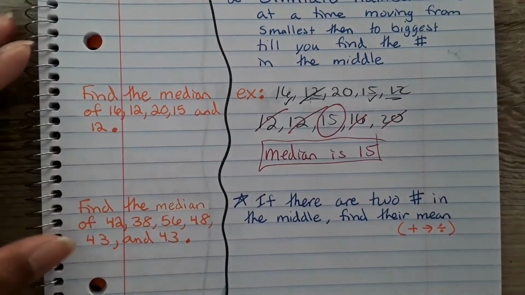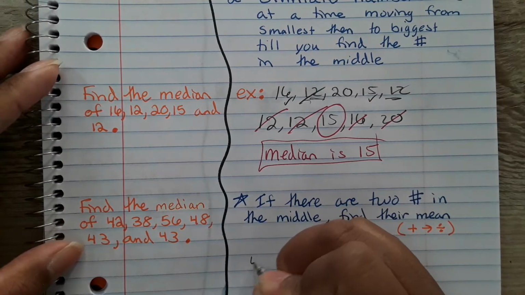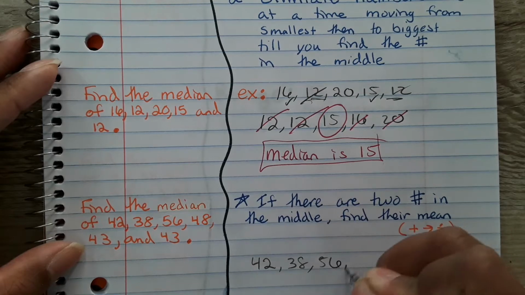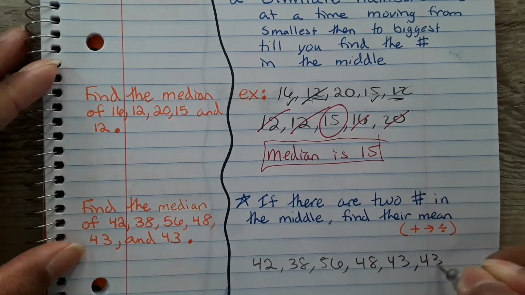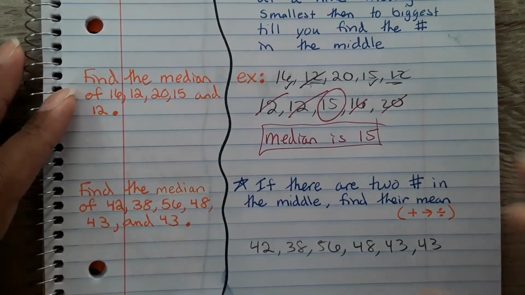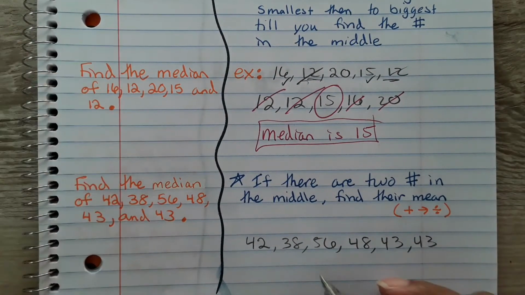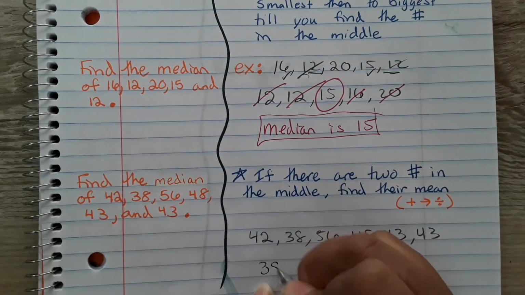So again, I'm going to start by just writing my numbers out. I have 42, then there was 38, 56, 48, 43, and 43. I want to put them in order from least to greatest. So starting with my smallest number, I see I have a 38 here, so that's my smallest number.